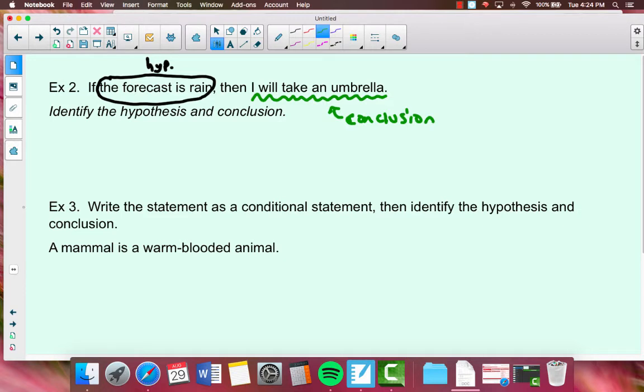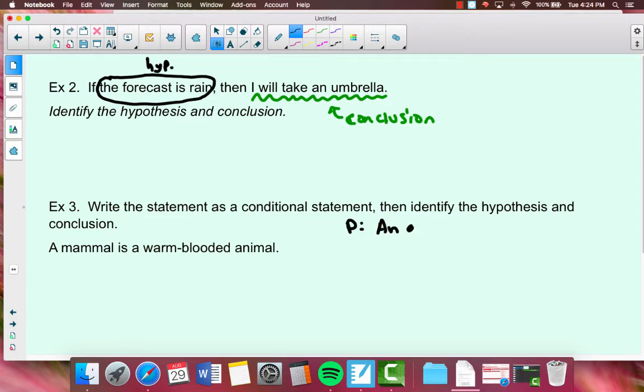Now what we're going to have to do is take a sentence that's not in conditional form and put it in its conditional form. Here's an example. It says, a mammal is a warm-blooded animal. If it helps, figure out what the two parts are. Part P is that it's a mammal. We could write that out, and you might have to add a couple words.